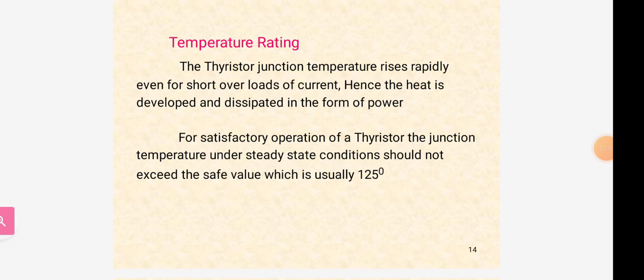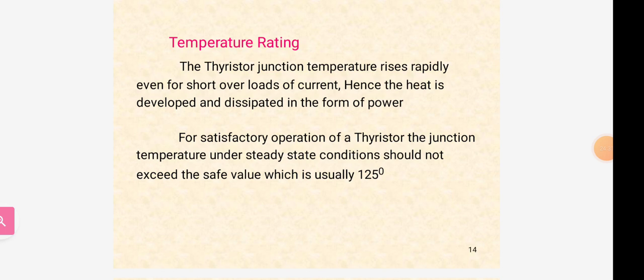Next is the temperature rating. For a thyristor, the junction temperature rises rapidly even for short overloads of current. Hence, heat is developed and dissipated in the form of power, which means there is a loss of power in the form of heat.